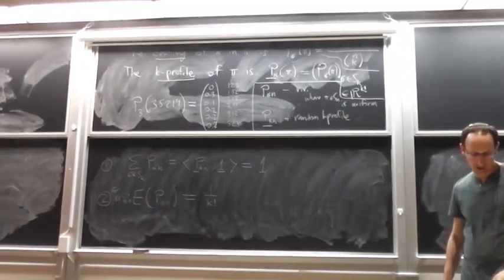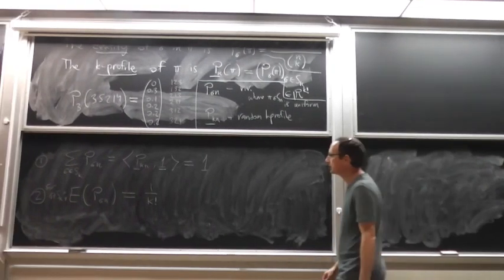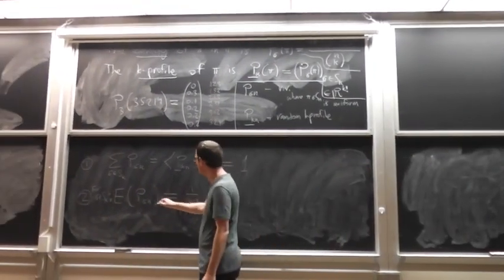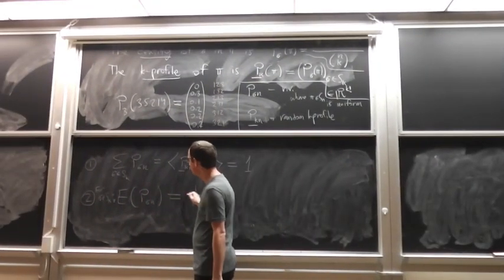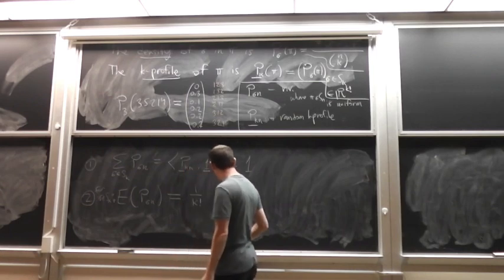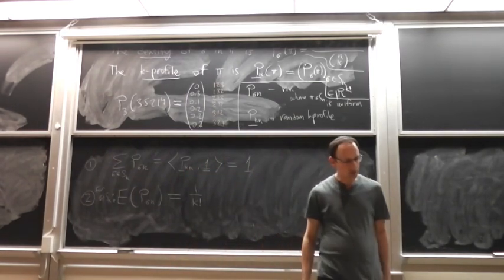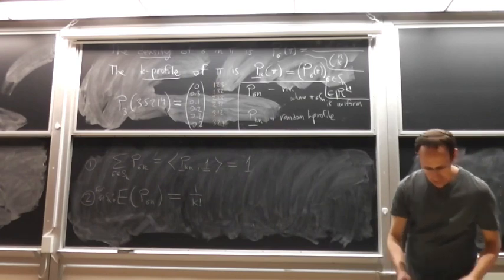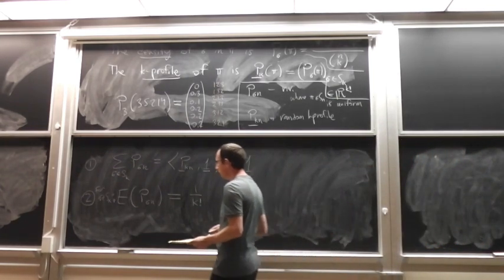So we have this expected value for each one of the densities. But we can say even more, and for this we need the variance.